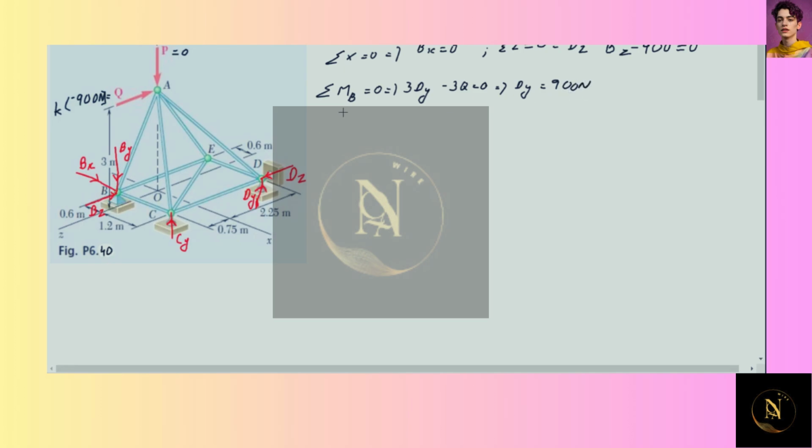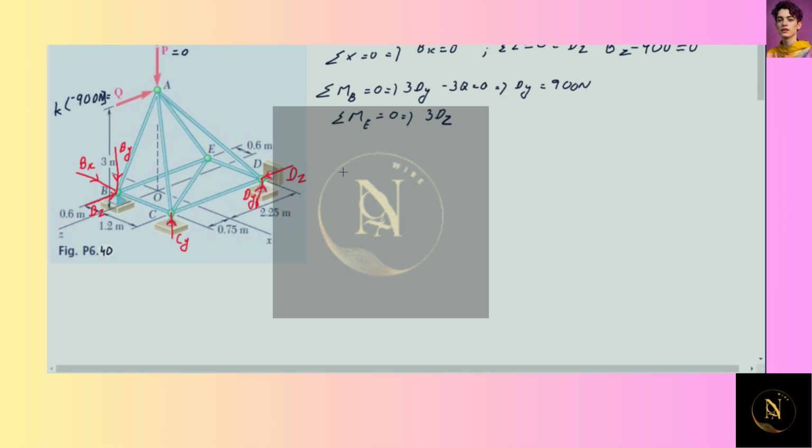Now summation of moment at E equal to 0 gives you 3 meter into dz.